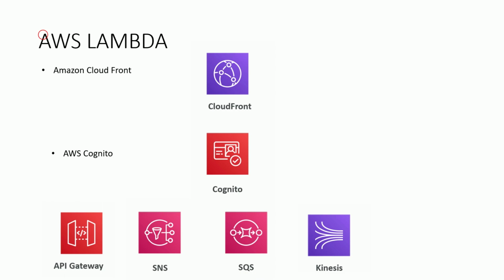Any events that happen inside these services, we can trigger AWS Lambda, and it will process some custom code to send notifications, or to send a response to SNS or SQS, which again sends notifications to the respective team. Like that we can create integrations between these services and AWS Lambda.